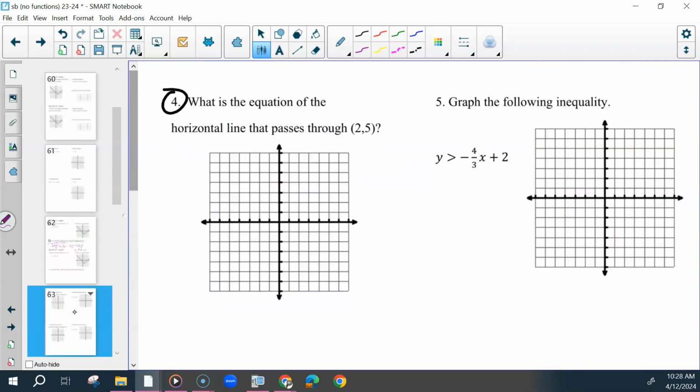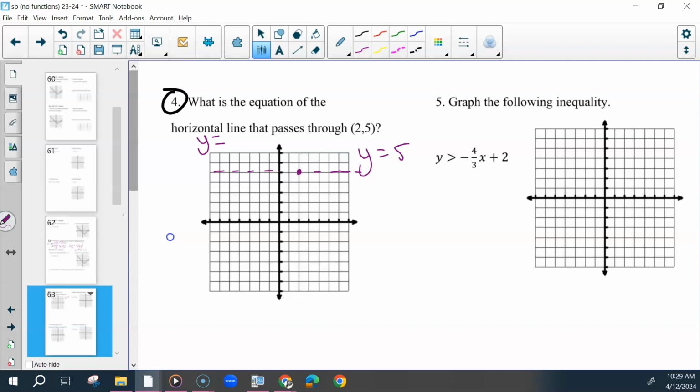And then for number 4, the equation of the horizontal line. So a horizontal line is going to be y equals. Look at your y value, and this will be y equals 5. You could also put this into Desmos or graph it, it doesn't matter. If it was a horizontal line, you'd have to find what this line would be, which would be y equals 5.